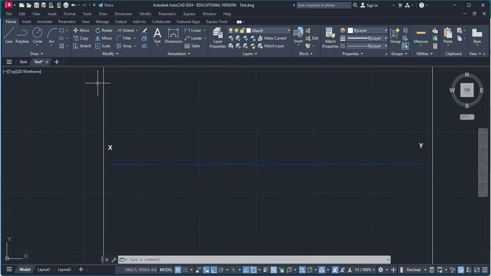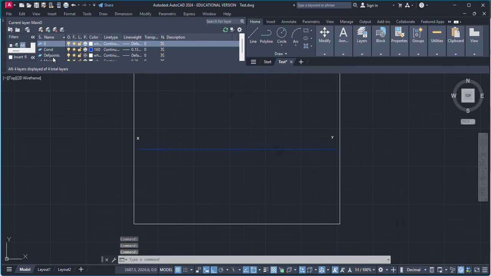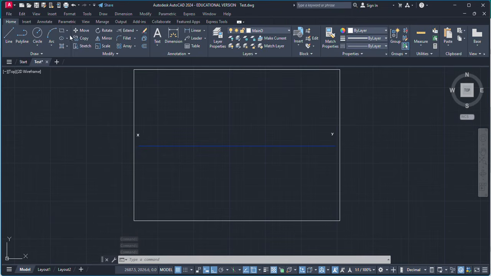So to draw the pentagon, just go to this drawing. Now just below this rectangle command, click this, you will get polygon. Now it is asking for number of sides, so we have pentagon, 5 sides. Just press 5 and enter.